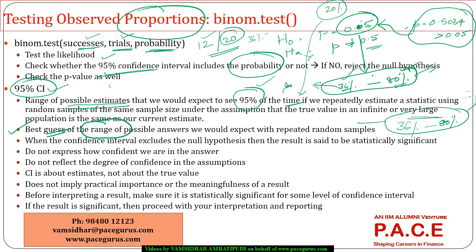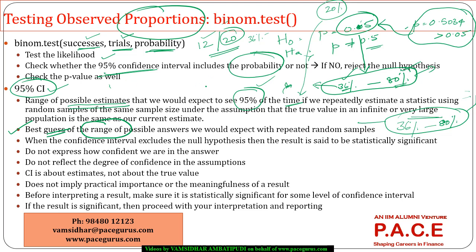When you repeat this experiment n number of times, the probability of success you will get is anywhere between 36% and 80%. That's the best guess I can give by observing one single series of trials.